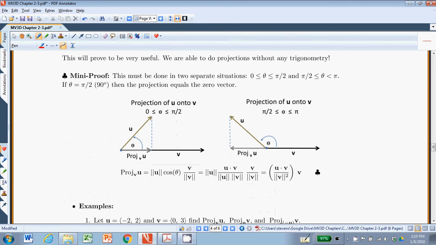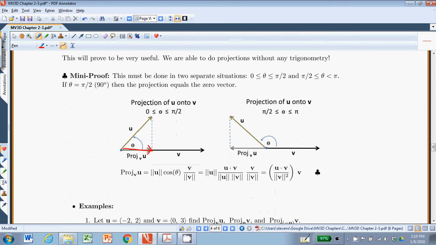What I mean is, if I have a vector v here and a vector u here, and I make it so their original points are on top of each other, then the projection of u onto v comes from dropping u perpendicular into the direction of v, and this is the projection of u onto v.